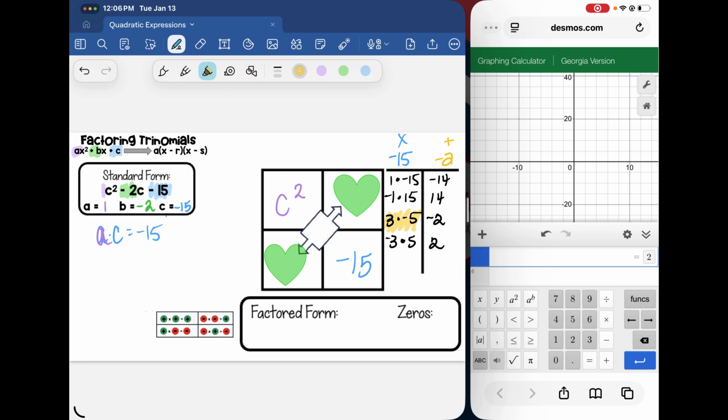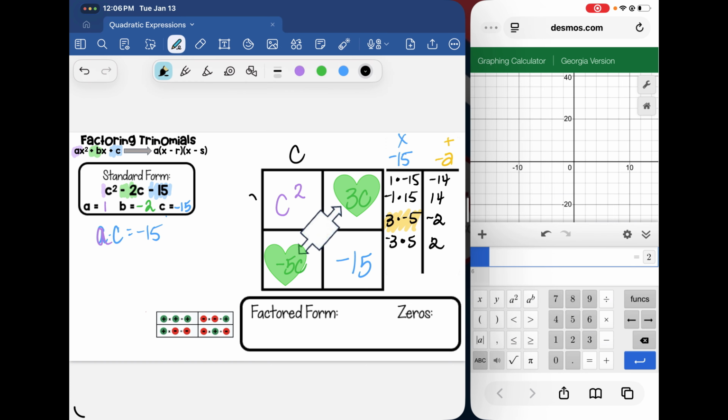So that means I'm going to rewrite this green term for it to say 3c and negative 5c, because when I add negative 5 plus 3, I get negative 2. So now we need to make our two binomials. What am I going to put outside of this box that's going to multiply to c squared?